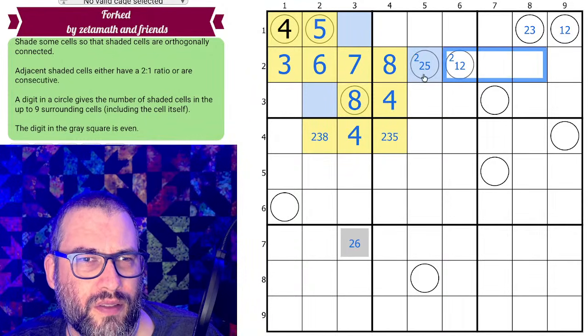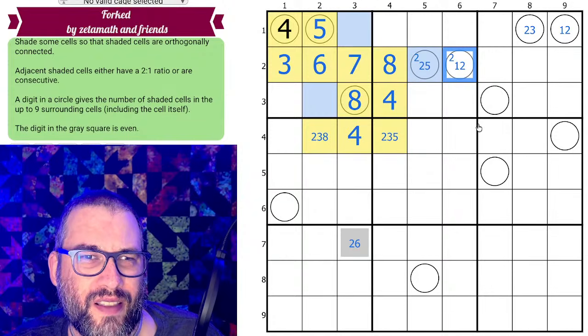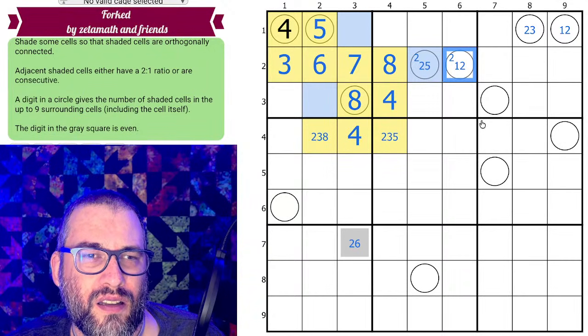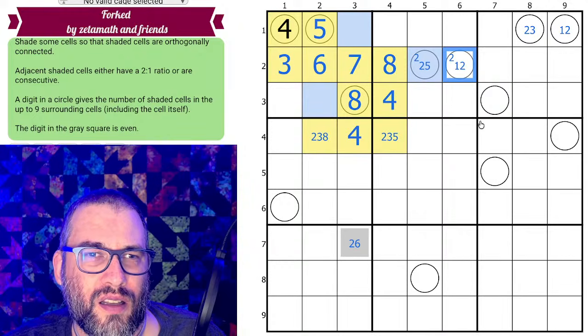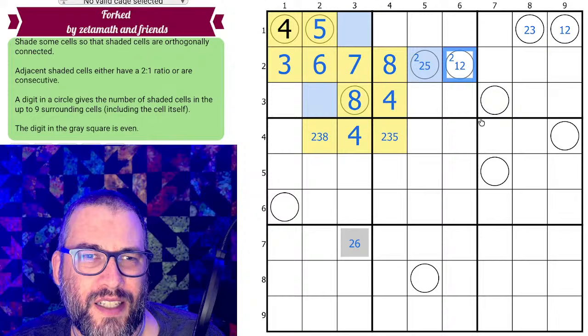I think we can probably say that this is not shaded. I do see the point about the 8.